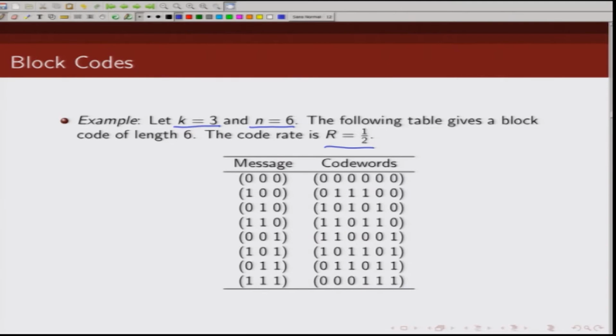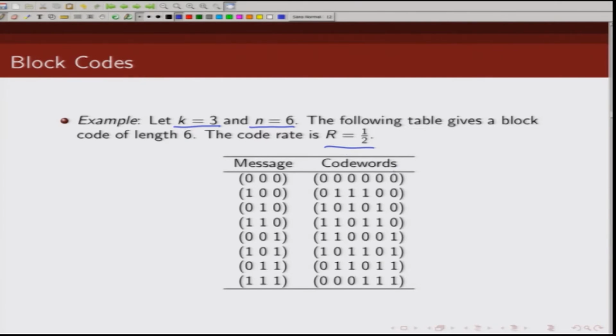Now 0 0 0 is mapped to the all zero sequence, 1 0 0 is mapped to 0 1 1 1 0 0, and likewise the other sequences have been mapped. Let us look at how we found the message and parity bits for these code words by looking at each of the columns.